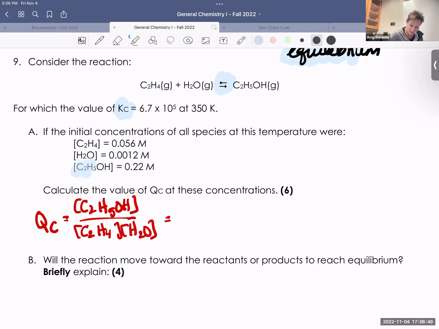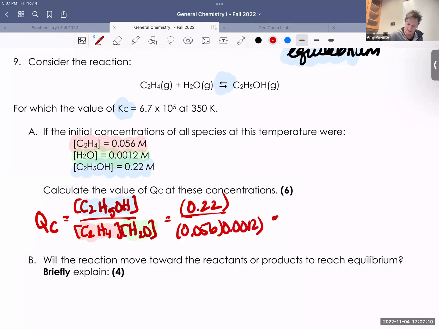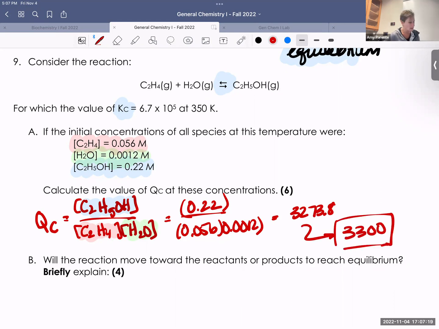So we've got C2H5OH. This is ethanol, so that's going to be in my numerator. I've got this guy in my denominator and my other guy here in my denominator. Nothing is squared or anything here, so it's just going to be these numbers. And I get 3273.8. If I kind of round this, I'm going to get around 3,300 is what my Q is.